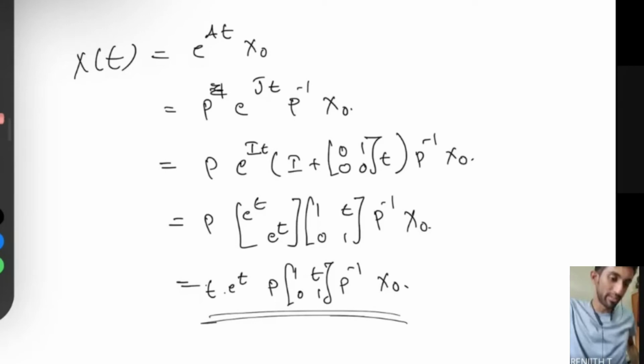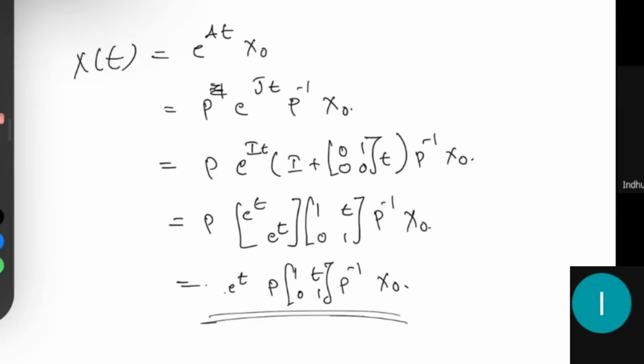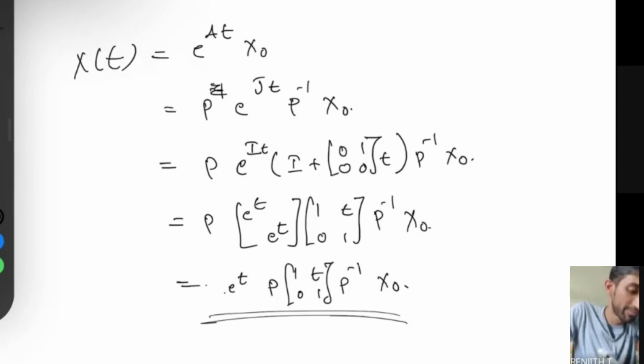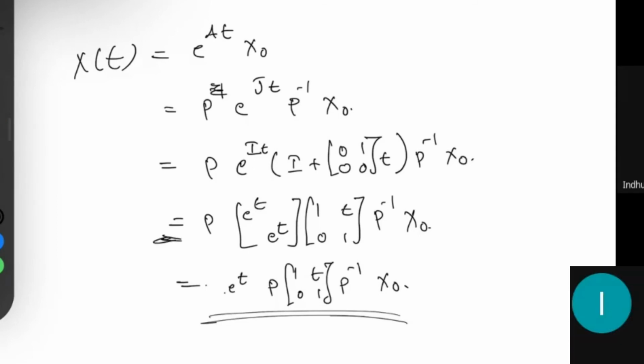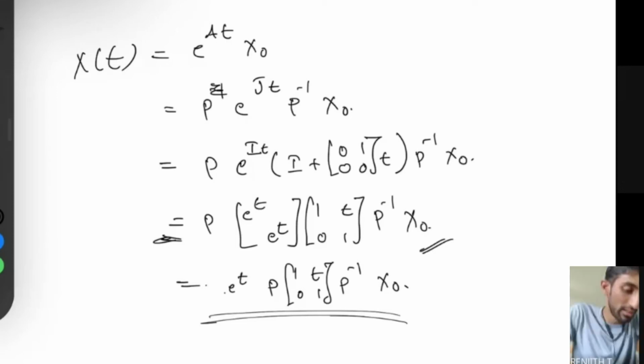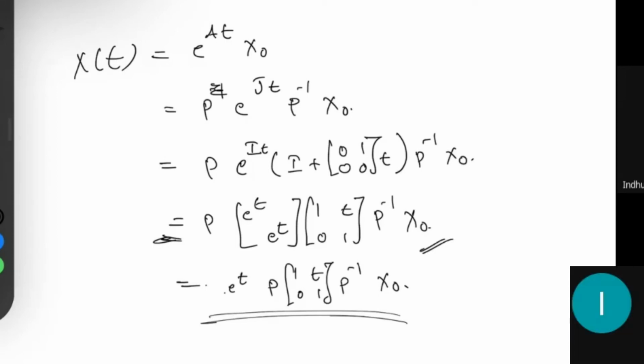I didn't get which term here. This term you are telling? Sir, in third step, sir. In fourth step, sir. This one, second last. Last but one step, sir. Yes, sir. P e power, second term of the matrix, t e power t, sir.